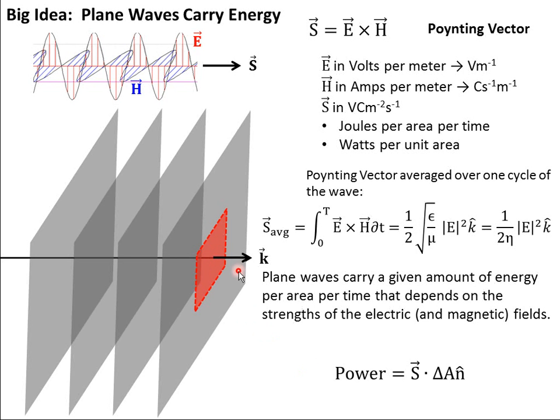Of course, if you have a plane wave hitting a surface that's at an angle, you have to calculate the flux by basically taking the dot product of the Poynting vector with the surface normal and the area of the surface you're hitting, and we've talked about that in the previous videos.